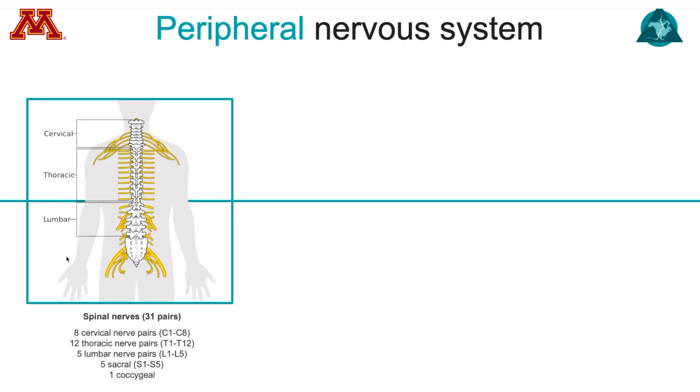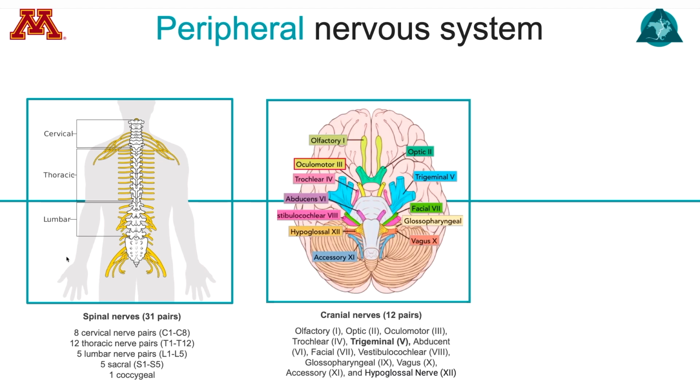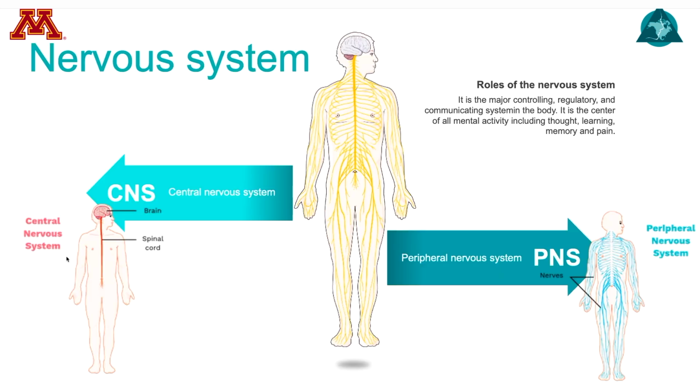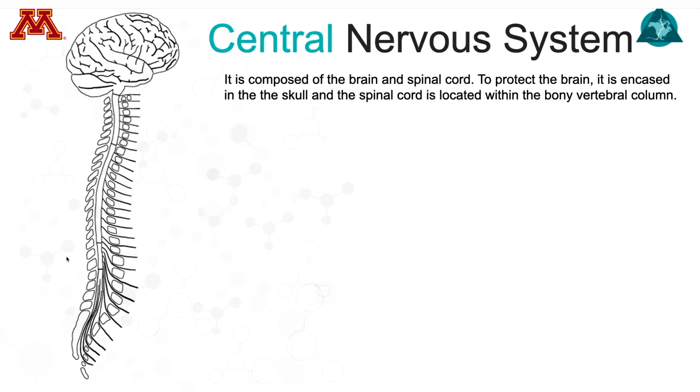The peripheral nervous system has several nerves according to their location, like 31 pairs of spinal nerves, and then 12 cranial nerves. We are mainly concerned about the trigeminal nerve. That's our beloved nerve. It's supplying this area, it's the largest, and it's a mixed nerve, meaning it has some sensory and some motor.